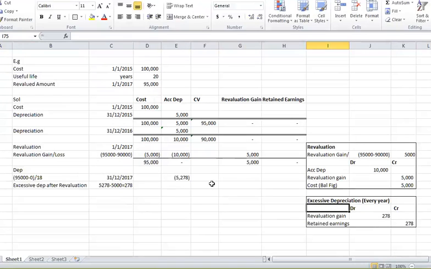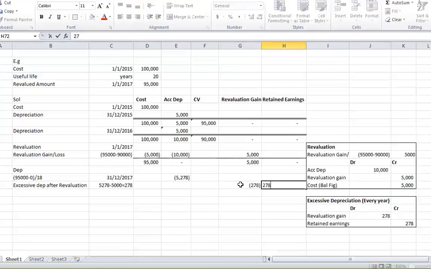So we will deduct 278 pounds from revaluation gain or revaluation surplus, and we will place these 278 pounds in the retained earnings. That's it.